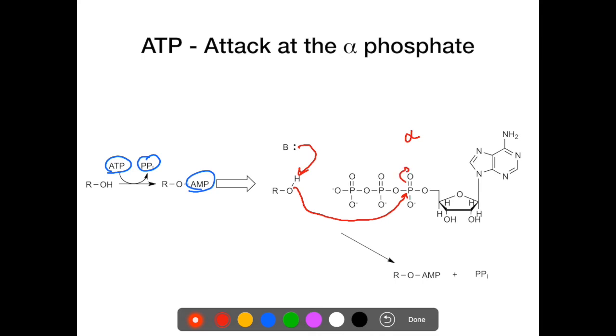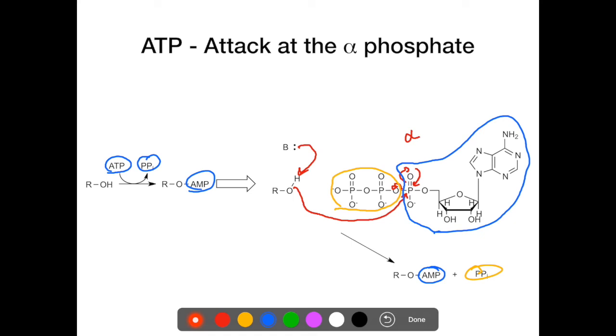Again, I kick up to form a transient intermediate, I kick down, and this electron pair going onto that oxygen will create the PPi that falls off, and then the AMP becomes this AMP that's attached. Now this is the second most often seen attack at the ATP, at the alpha.